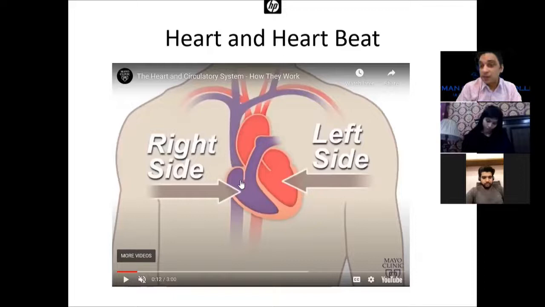And in the lungs, the deoxygenated blood, the blue, will be converted into red, oxygenated blood. साफ खून में convert हो जाए. And then it should come back to the other part of the heart, the left side. The clean blood is collected and then distributed from the left side to all parts of the body.